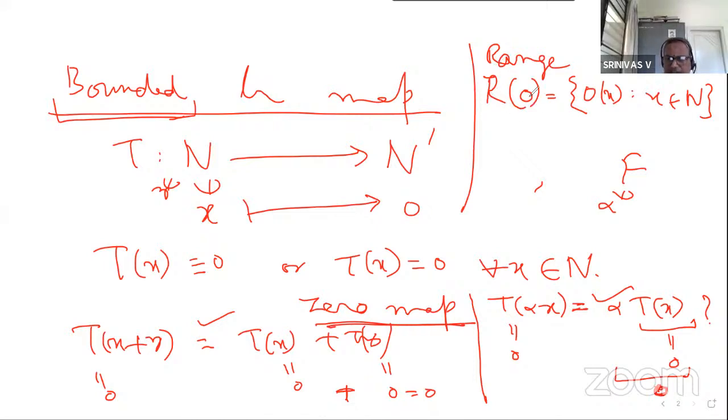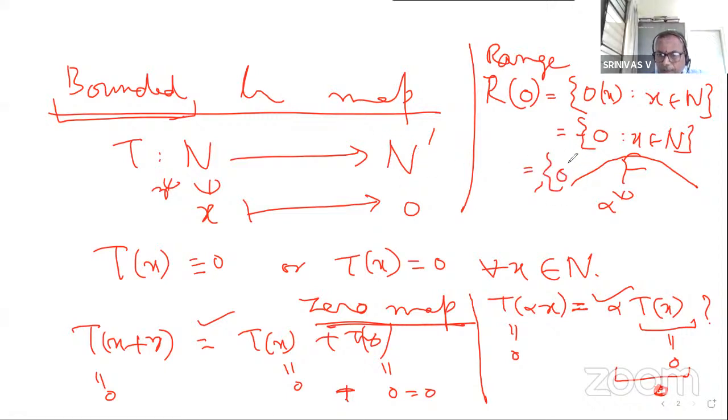So the range of the zero map is the singleton 0.